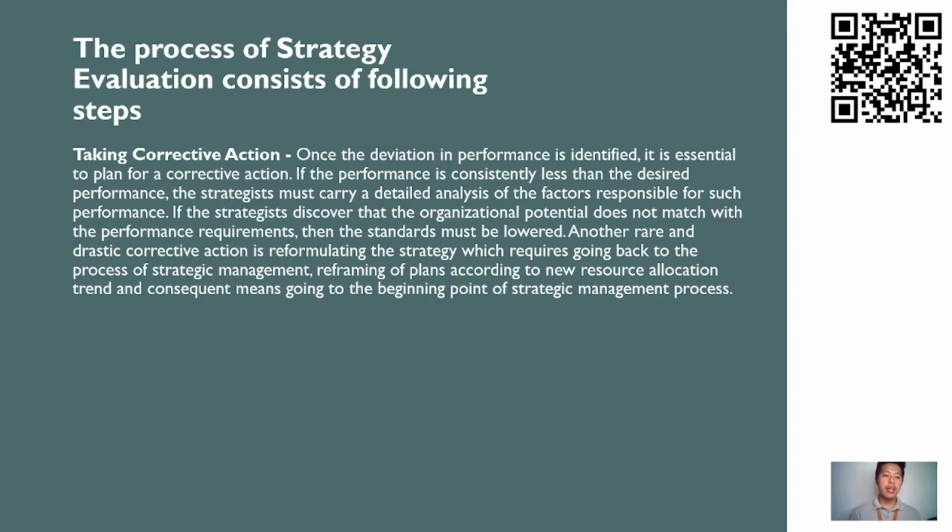Another rare and drastic corrective action is reformulating the strategy, which requires going back to the process of strategic management, reframing plans according to the new resource allocation and trends, and consequently means going to the beginning point of the strategic management process.